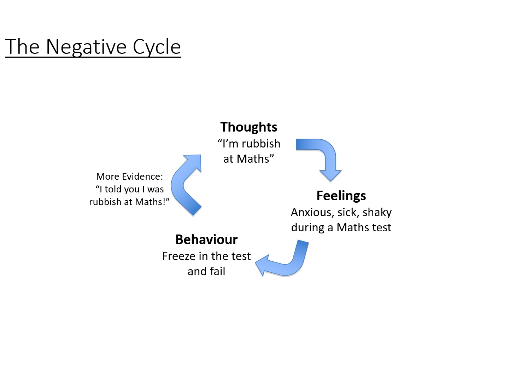What we have to be able to do is intercept this at that initial negative automatic thought, to support the child in being able to stop there and to begin to put strategies in place to cognitively reframe. So yes, I find maths difficult. However, I'm sitting in this exam now. What I'm going to do is use my deep breathing, and I'm going to stop and think.